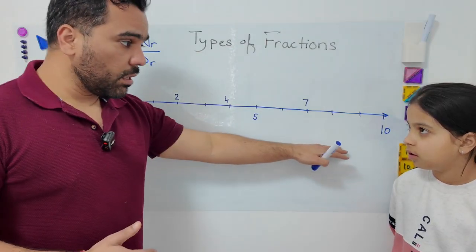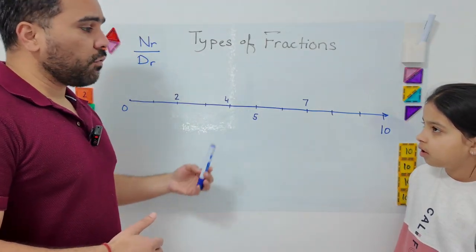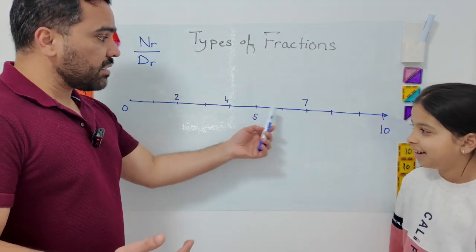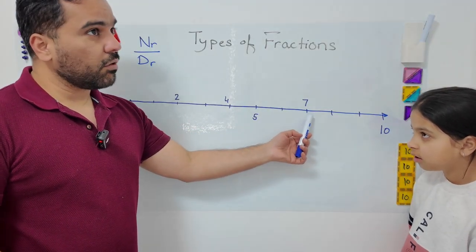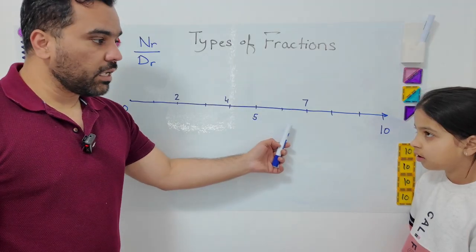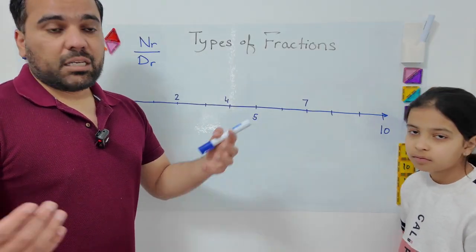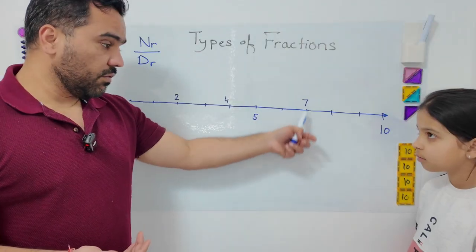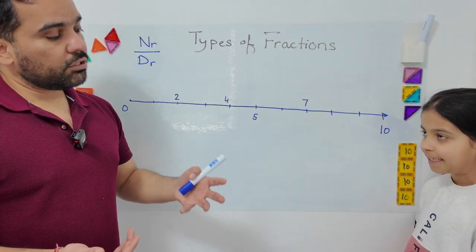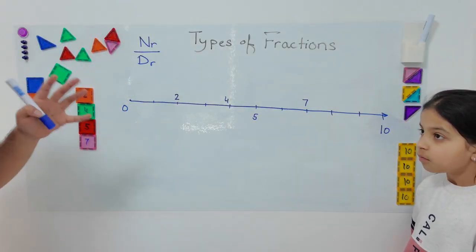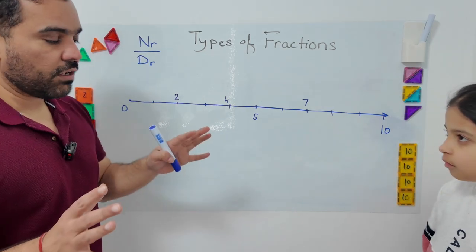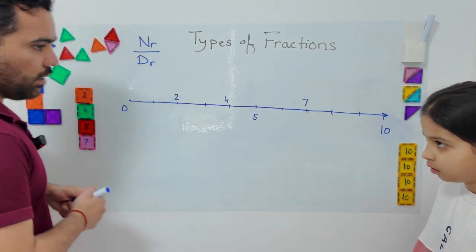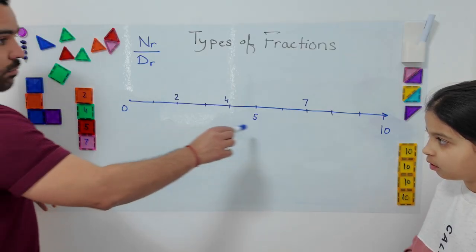It could be somewhere in the middle as well. They might ask you to calculate, or they might ask you to guess. So you need to understand what a fraction exactly is and where it will lie.